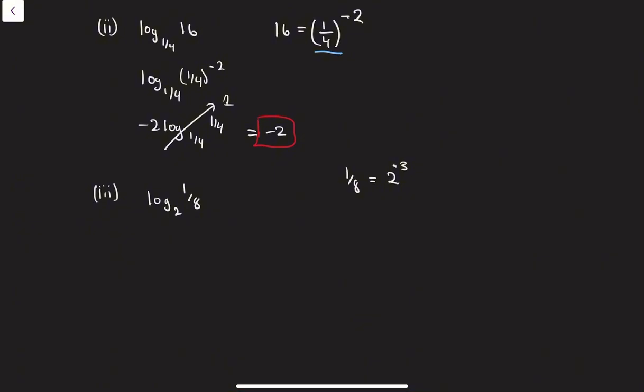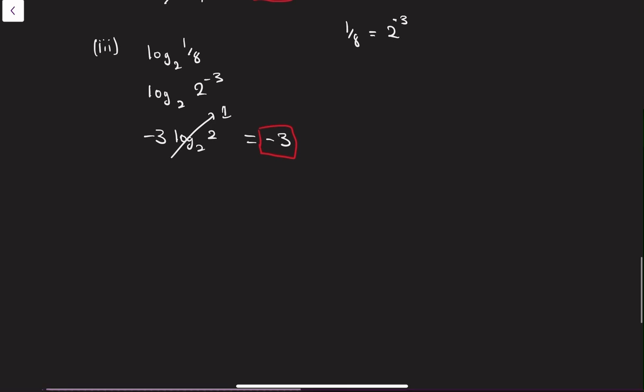So we have log base 2 of 2 to the negative 3. Bring down the negative 3, log base 2 of 2 goes to 1, so our solution is negative 3. Again, very straightforward, just using the laws of logarithms to our advantage.